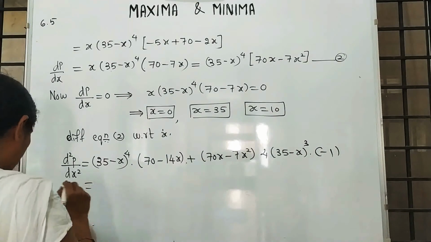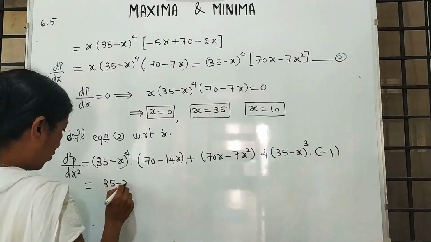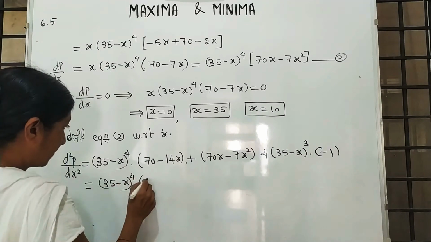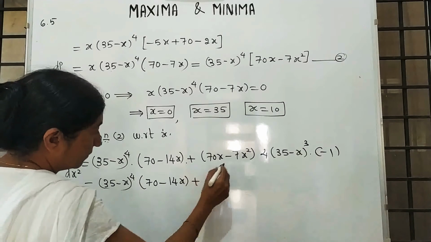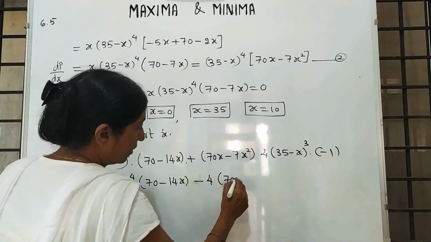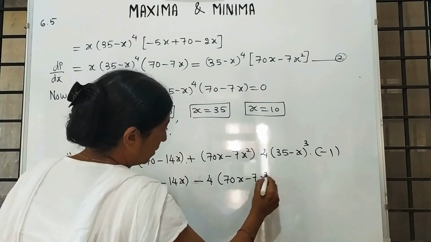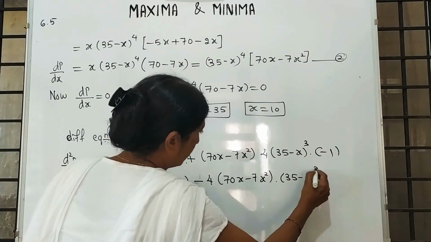No need to take the common, I just wrote it like this. This is minus 4 into 70x minus 7x square into 35 minus x whole cube.